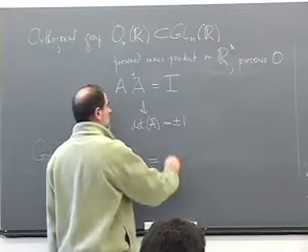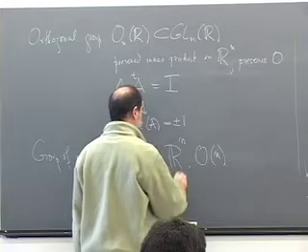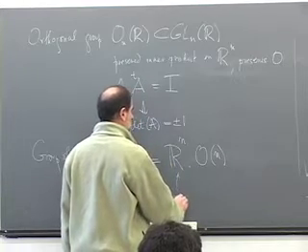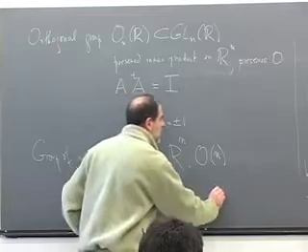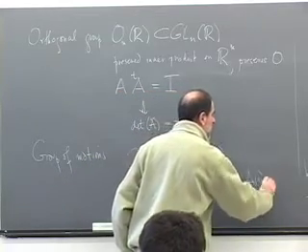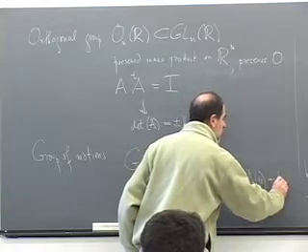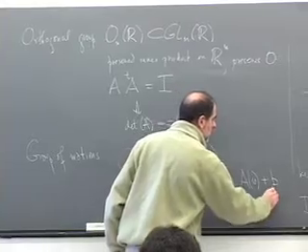It consisted of all the translations together with O_n, so things of the form g of a vector is an orthogonal transformation of the vector plus another vector b, where this was in O_n and this was in R^n.